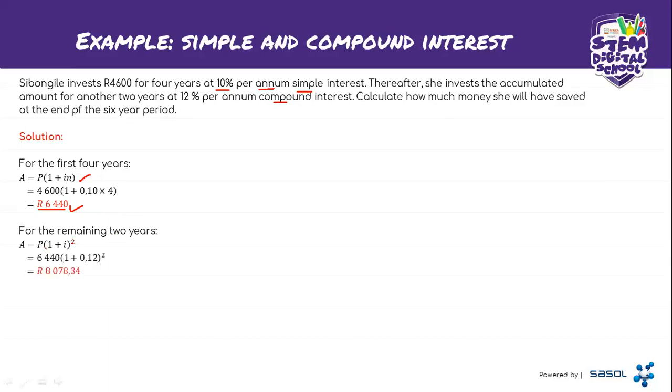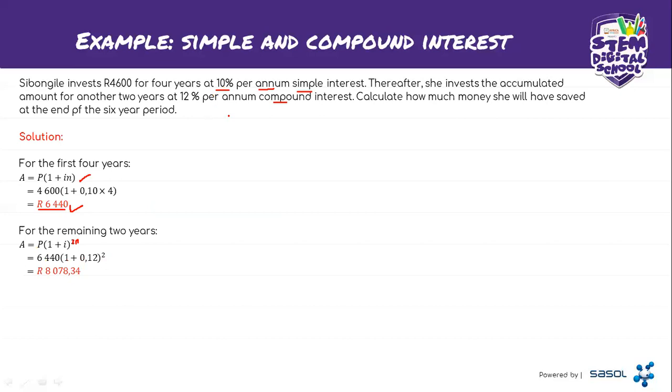It's supposed to be n there, because the standard equation we write first, before we can substitute. And of course, P we said is the accumulated amount, which is 6,440. And then the percentage now starts changing. The percentage is no longer this 10%, because that was for the first 4 years with simple interest.